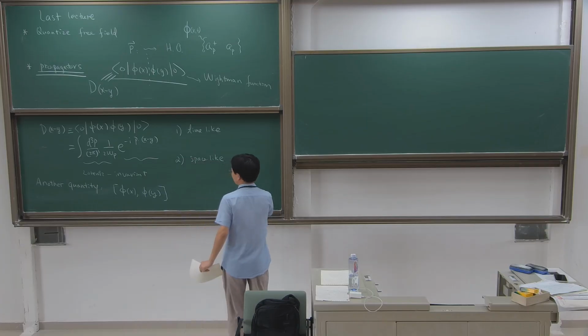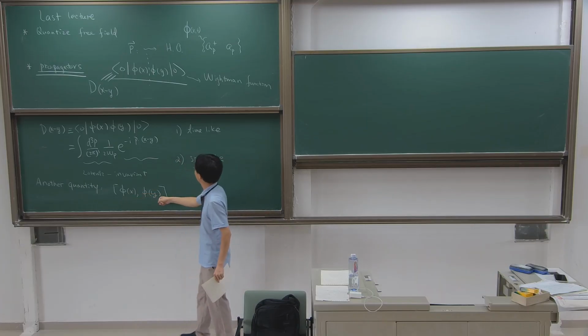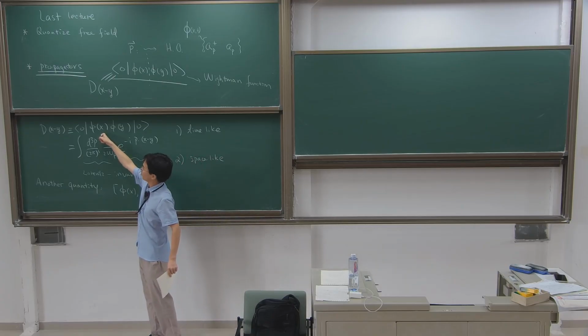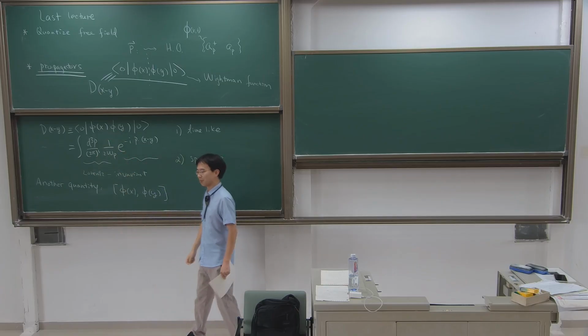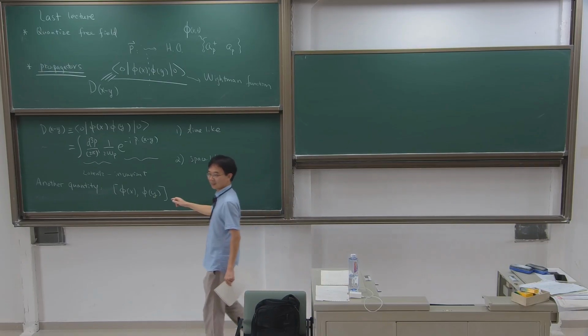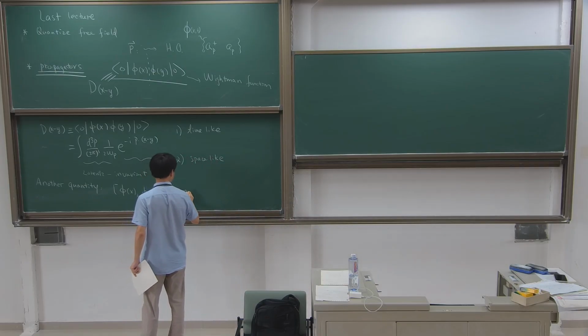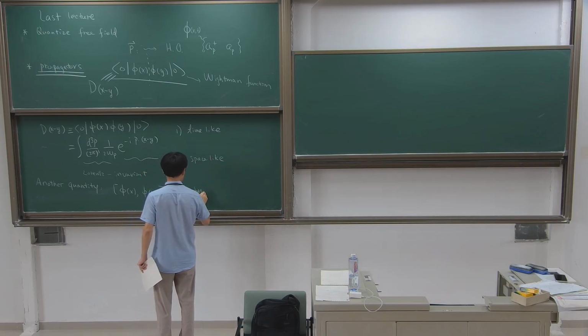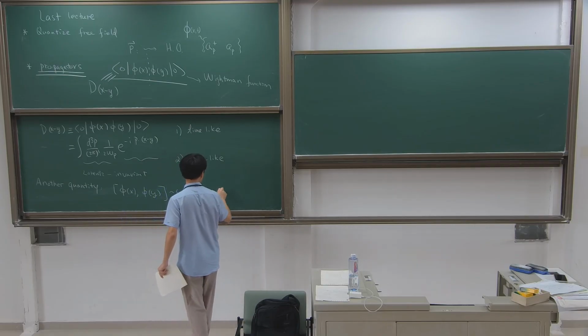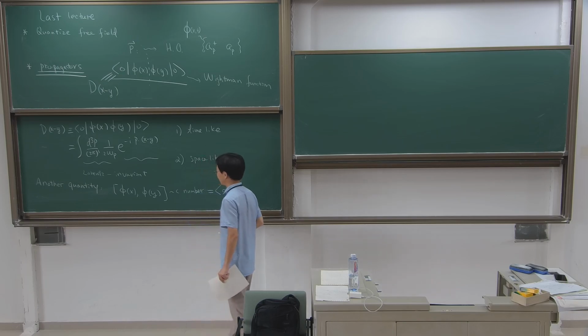The commutator includes two terms: the first piece is phi(x) phi(y), the second piece is phi(y) phi(x). As said, this is a c-number. Since this is a c-number, it will be equal to its average.